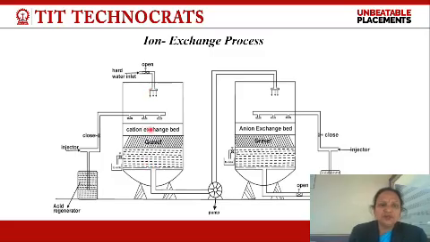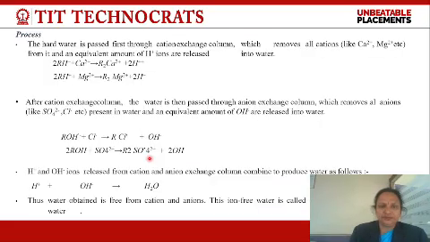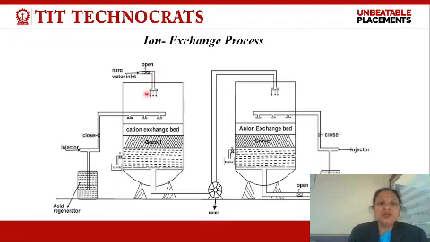After passing through the cation exchanger bed, all the hydrogen ions will react with the negative ions or anions of the hardness and we will receive acids like HCl, H2SO4 and carbonic acid here. We can also say that after performing the cation exchanger process, we will receive acidic water.